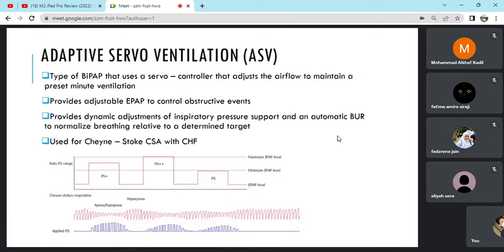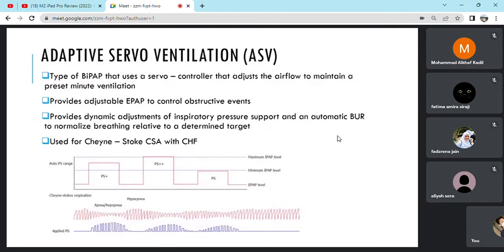What is good in your adaptive servo ventilation, that's why it's called adaptive, is that it provides dynamic adjustments during your inspiratory pressure support and an automatic backup rate. That is actually used to normalize the breathing pattern relative to a determined target. That is what you don't have in your CPAP and BiPAP, because in your adaptive servo ventilation, you have an adaptive backup rate.